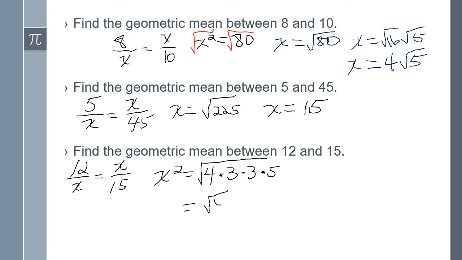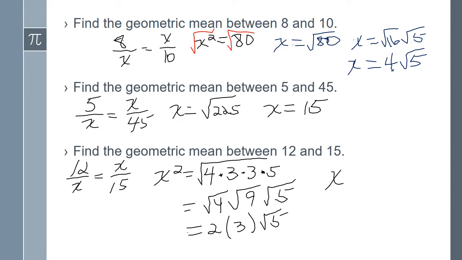So I have the square root of 4 times the square root of 3 times the square root of 5. Nope, excuse me, let me fix this. That should say 9. Square root of 4 times the square root of 9 times the square root of 5. So square root of 4 is 2 times 3 times the square root of 5. So our final answer is x is equal to 6 square root of 5.